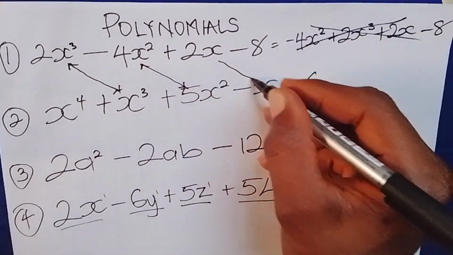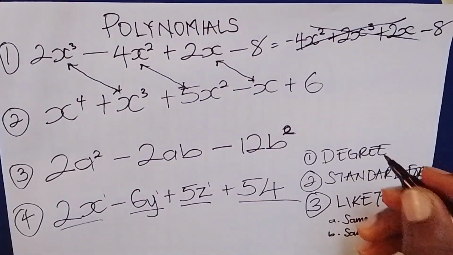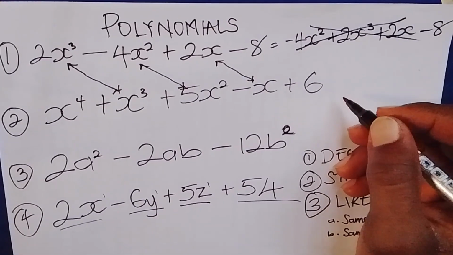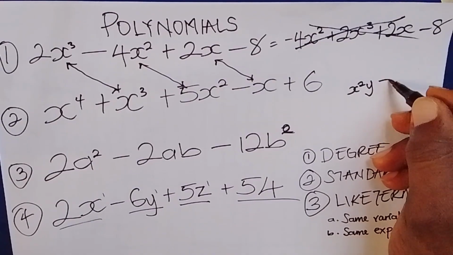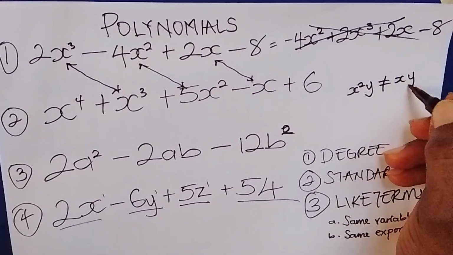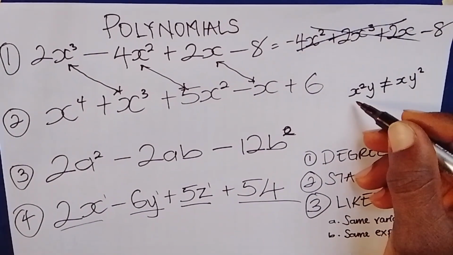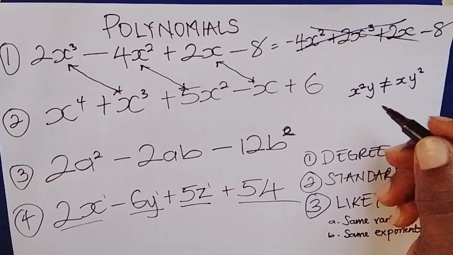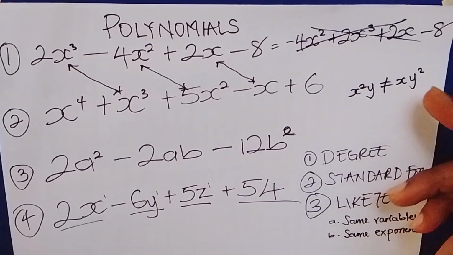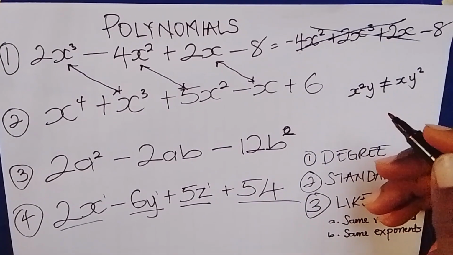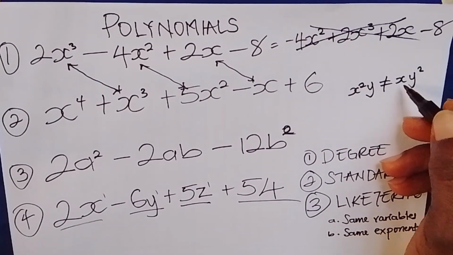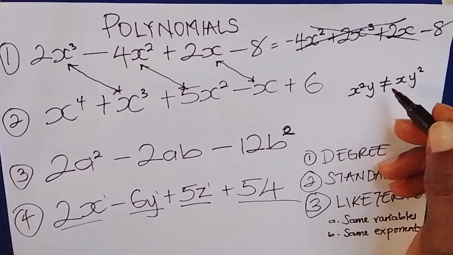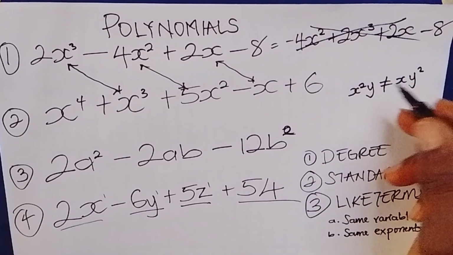So this brings me to a case where we have multiple variables, say x squared y, this is not equal to x y squared. Although they have the same variables, each variable on both sides does not have equal exponents. Here we have x raised to the power of 2, and here we have x raised to the power of 1. That's not equal. So this is not a like term.